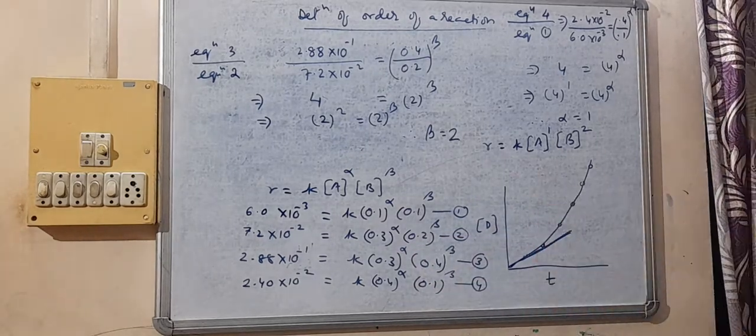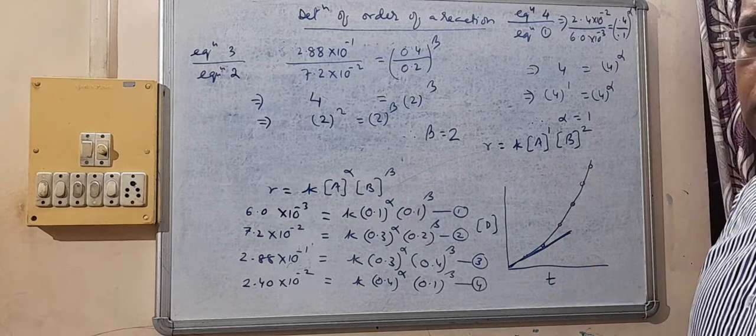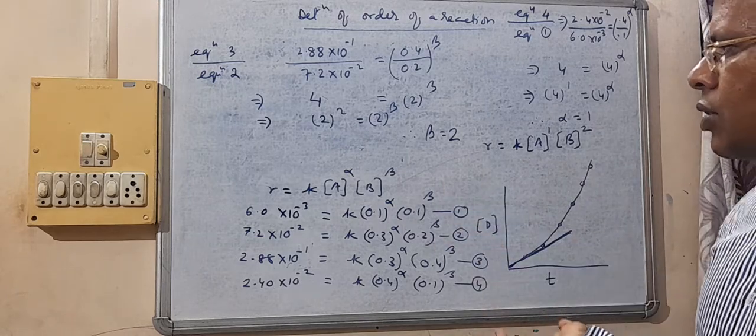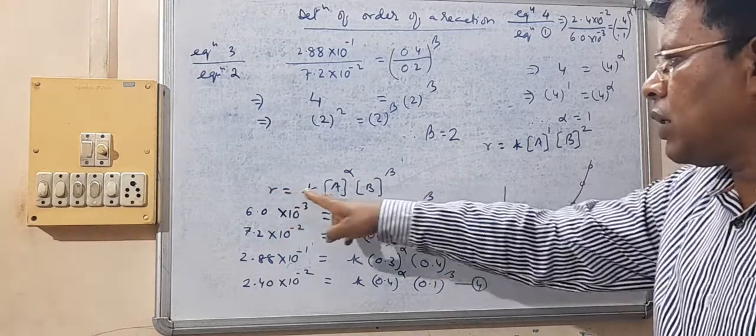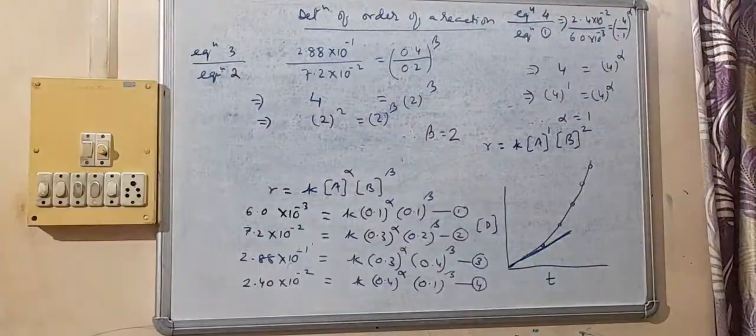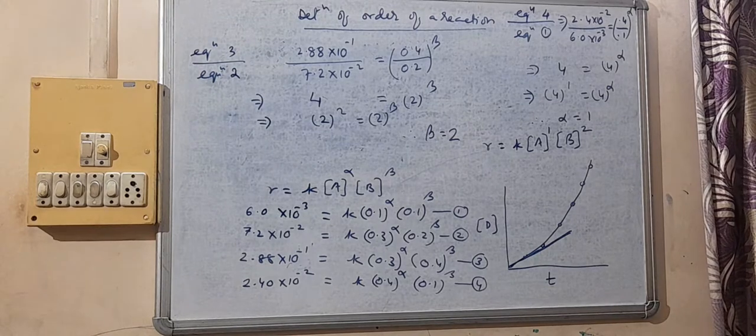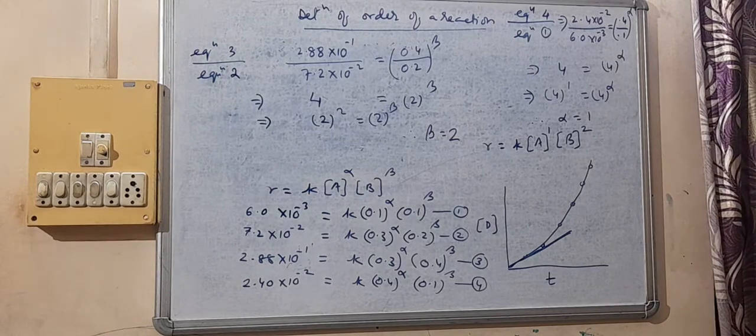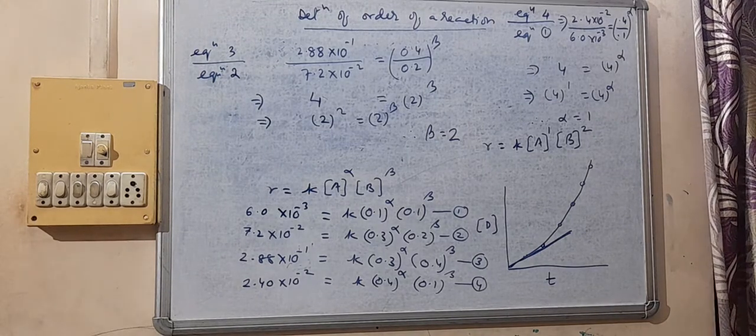And if we are asked to find the rate of the reaction at certain other concentrations, we can find that by using this equation. This type of question comes in exams. Okay, determination of order of reaction.